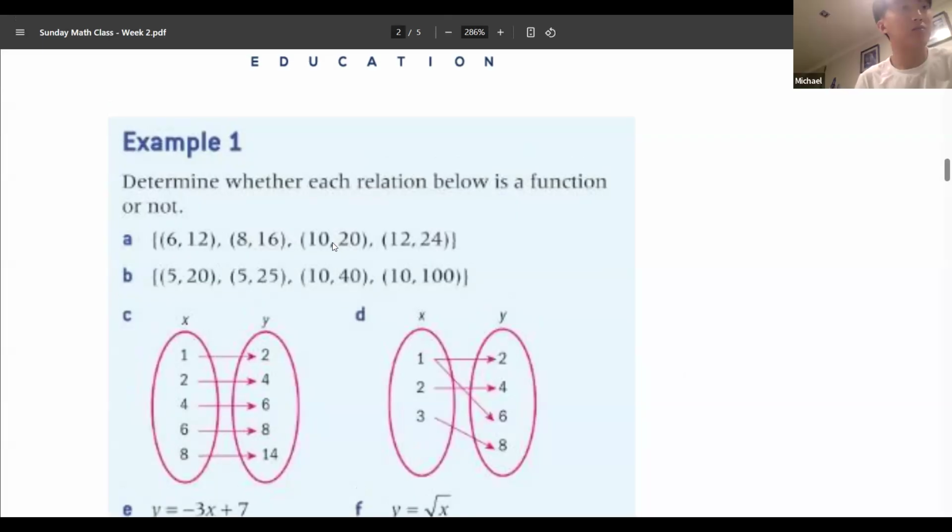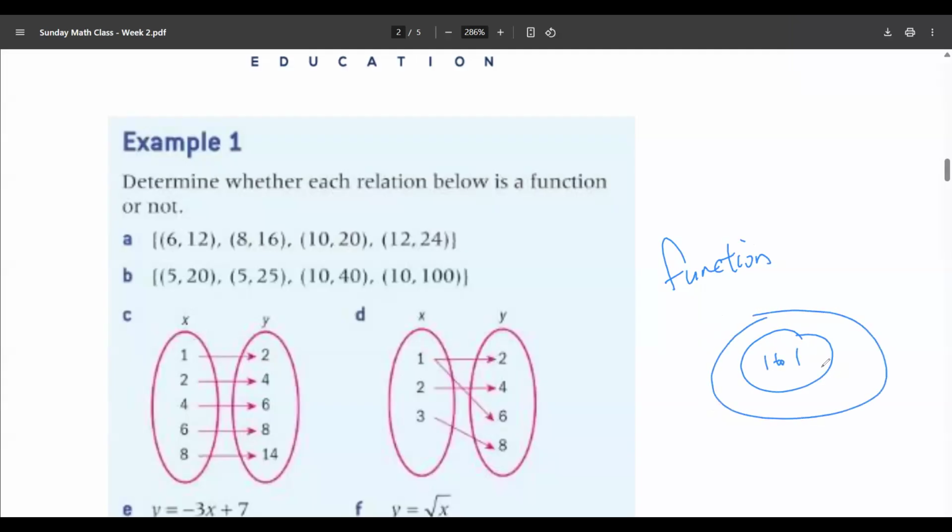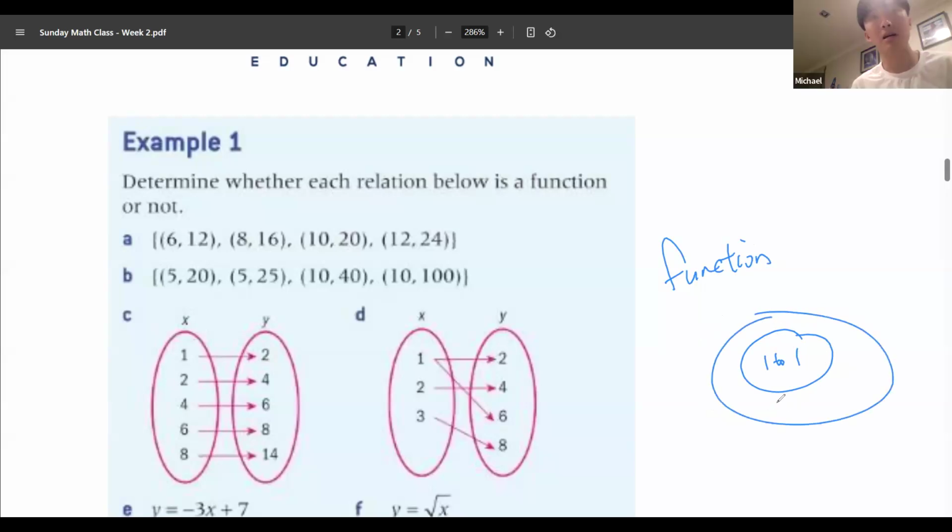Okay, here's the thing. A function, of course, can be one to one, right? One to one is the special case. It can also be many to one. Technically, all the one-to-one functions are many to one, right?